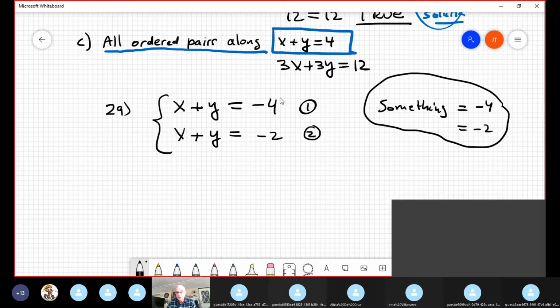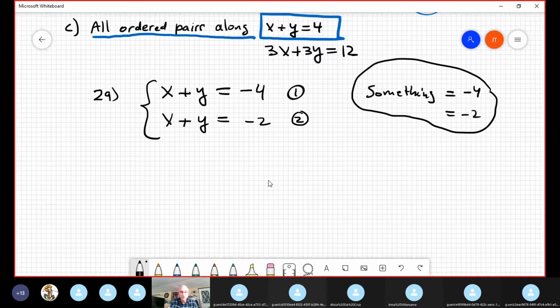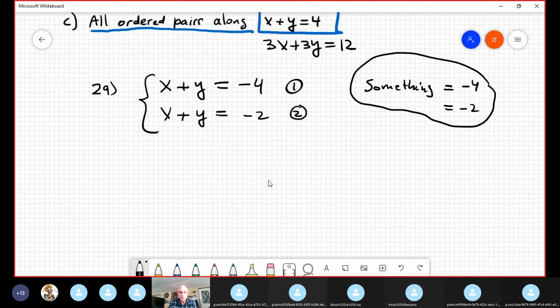Do you see? However, wait. Suppose I don't see that. I don't realize. Okay, no problem. Let's do it. I copy, for example, the first equation, x plus y equals -4. I make a decision to isolate the x. x is equal to -4 minus y.